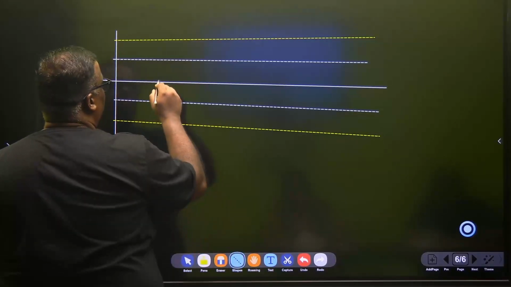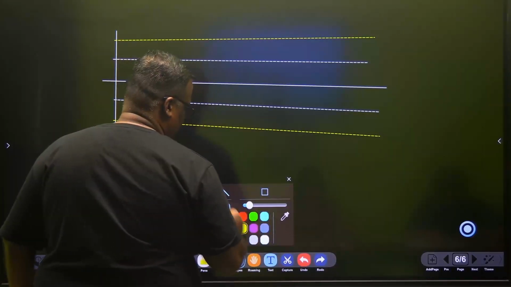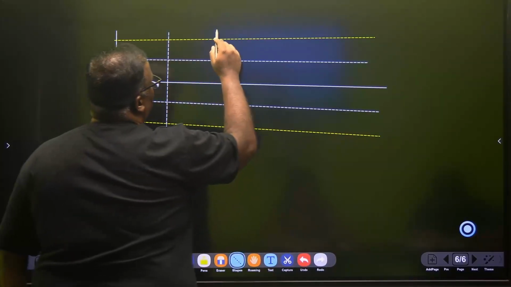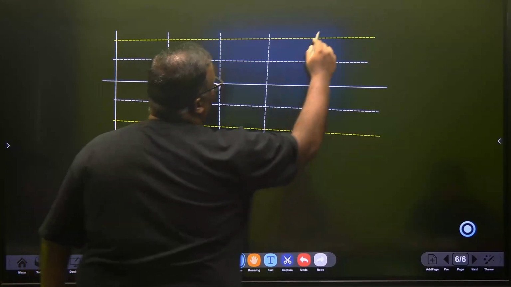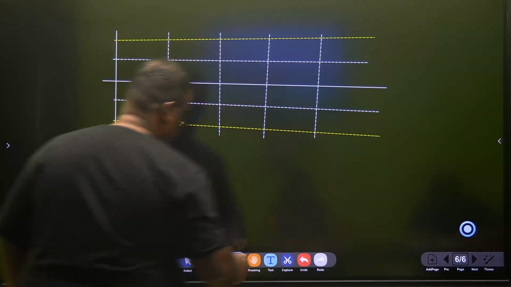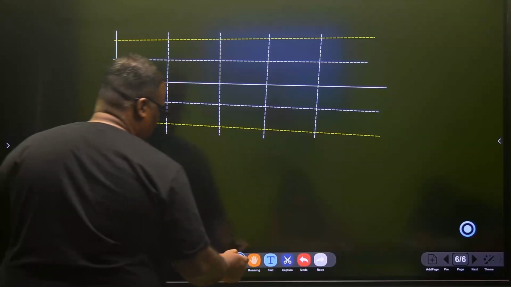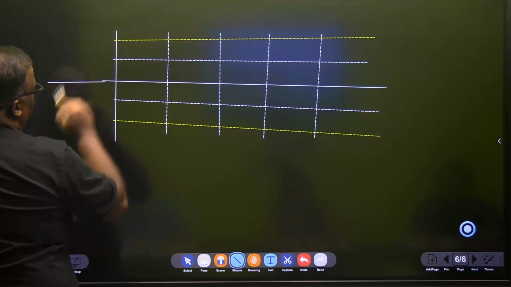So let's first put pi by 2, pi, 3 pi by 2, 2 pi. Agreed? And let me increase this a little bit on this side also. I'll be needing that.